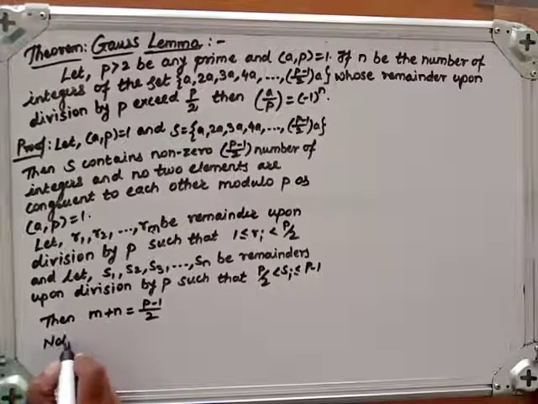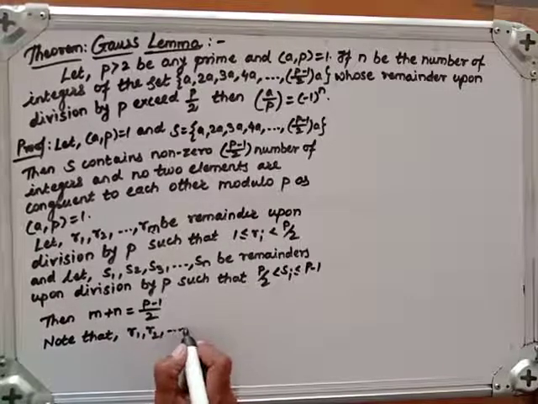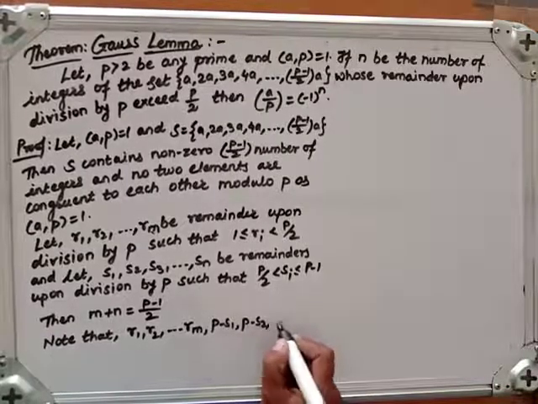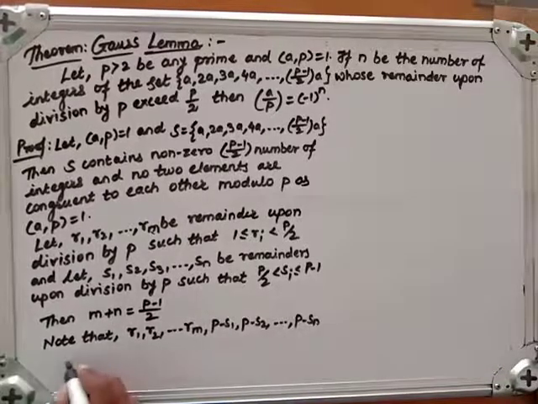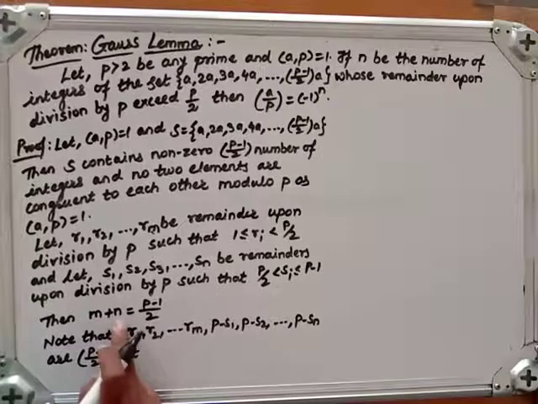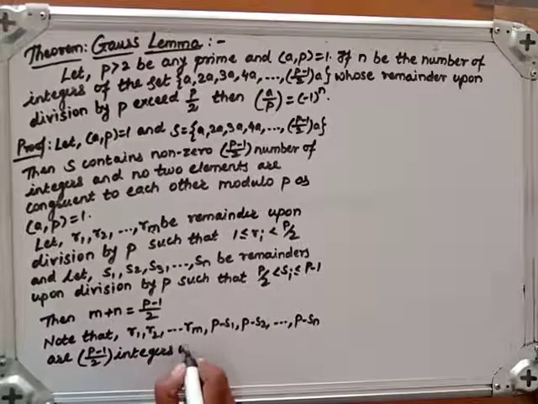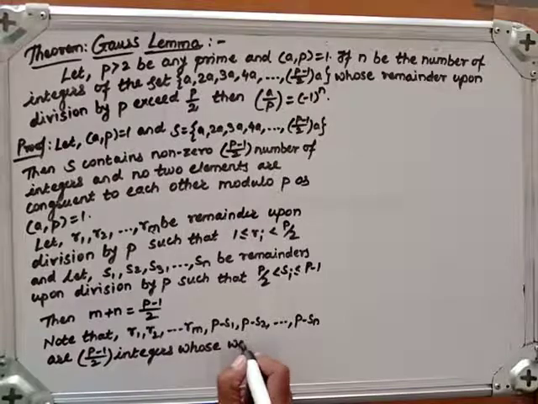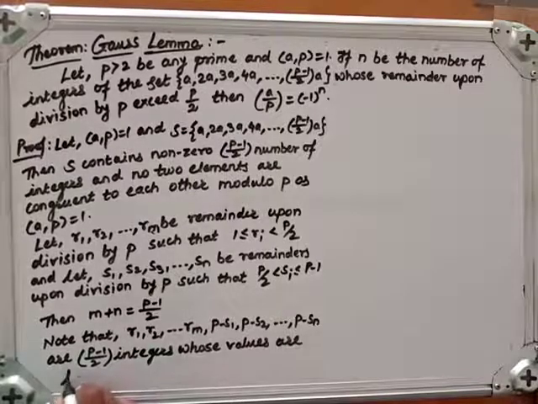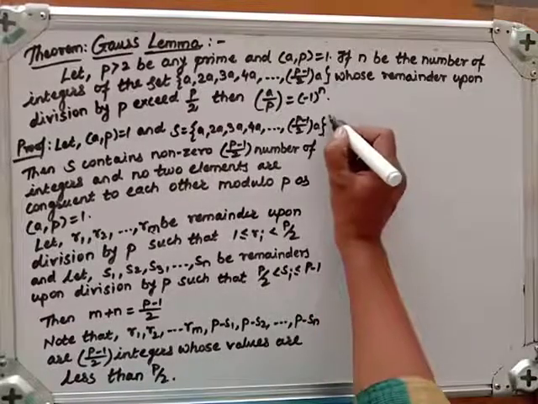Now note that r1, r2 and so on up to rm, p minus s1, p minus s2 and so on up to p minus sn are in total (p minus 1) by 2 integers whose values are less than p by 2.